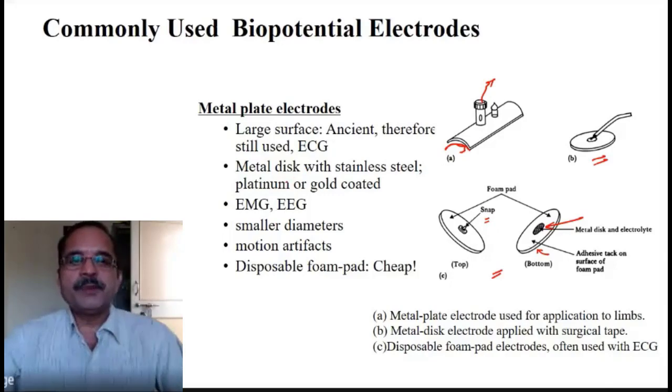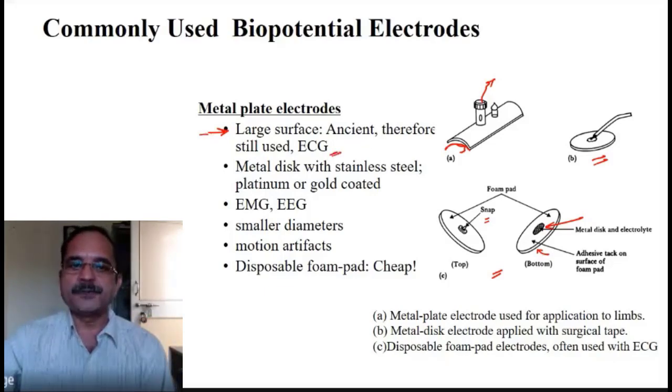Now, the features of metal plate electrodes: they have a large surface, and these are very ancient electrodes, and they are still in use for measurement of ECG. The metal used is usually stainless steel, platinum, or gold coated material.